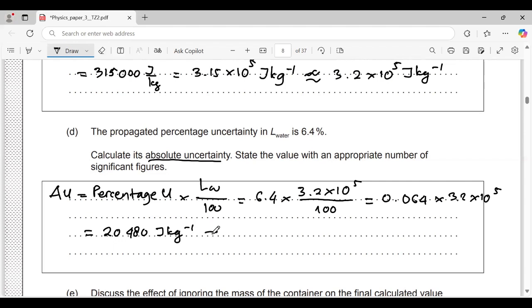In significant figures, 2.048, rounded to 2.0 times 10 power 4 joule per kg. So the absolute uncertainty is 2.0 times 10 power 4 joule per kg.